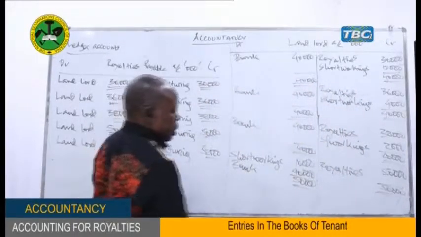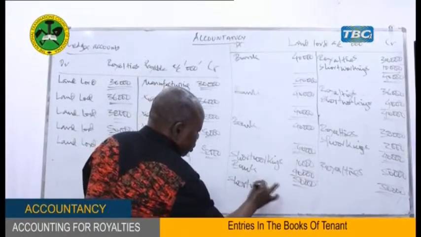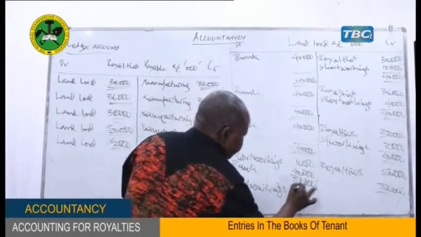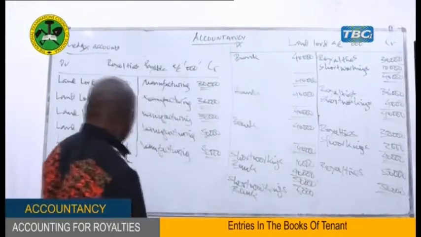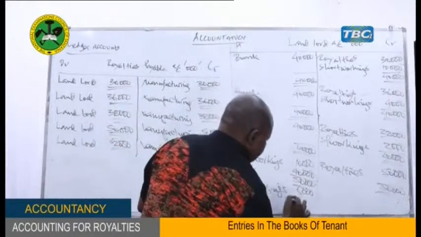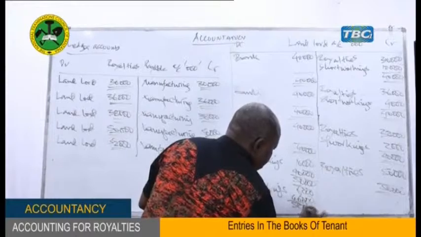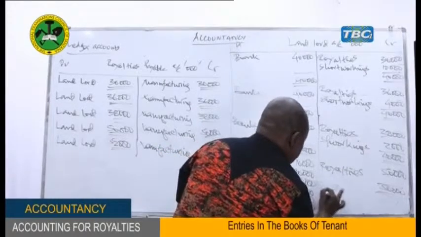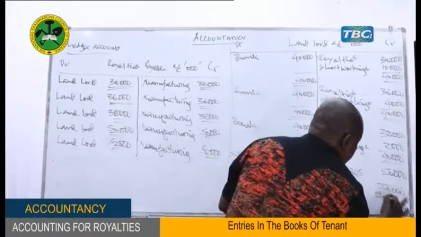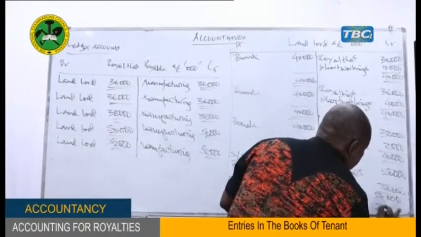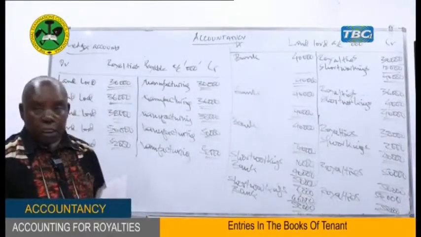Last year now, short working it's 6. Bank it's 46. Total 52. And the royalties 52. We are through with the landlord account.